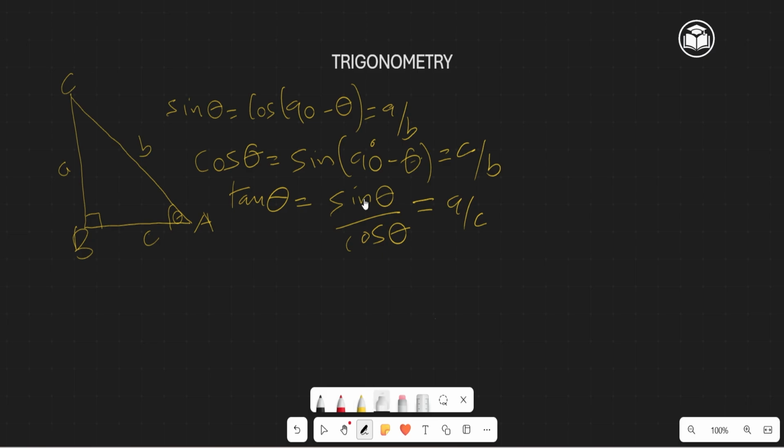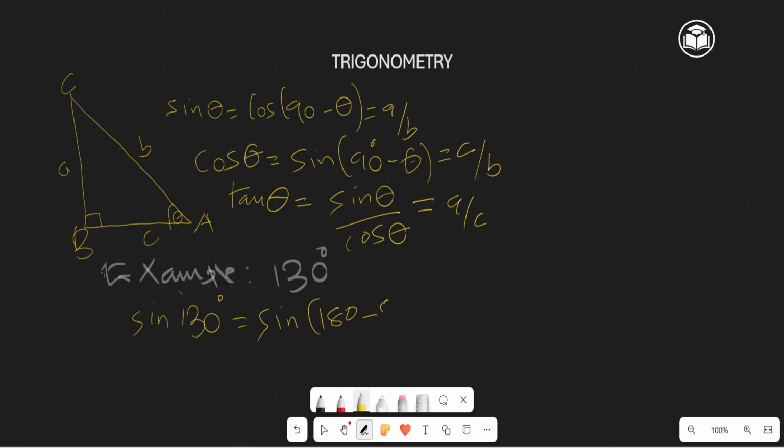Now let us try an example: getting sine and tan of angle 130 degrees. For sin 130 degrees, this will be sin of 180 degrees minus 50 degrees.